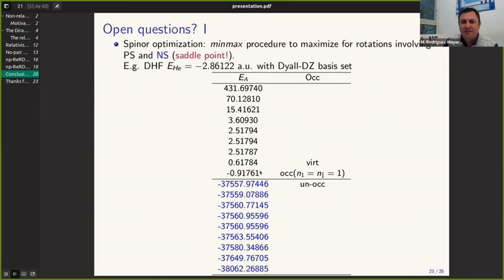And this is the orbital that is occupied, which is the first electronic state. This is at Hartree-Fock level, of course, and the rest are the virtual orbitals. This means that we need to optimize and to find this saddle point in the optimization procedure, which is quite tricky compared to the non-relativistic limit.